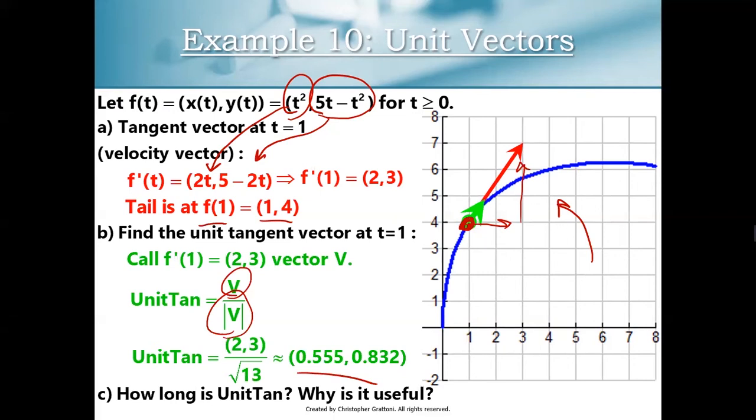And what can get confusing is if two different people are doing the calculations and they don't turn them into unit vectors at the end, they might have the same answer but off by a scalar, in which case they might not realize that their vectors are pointing in the same direction. So this is a nice way to standardize or normalize a vector by writing it in its unit tangent version, its unit vector version.